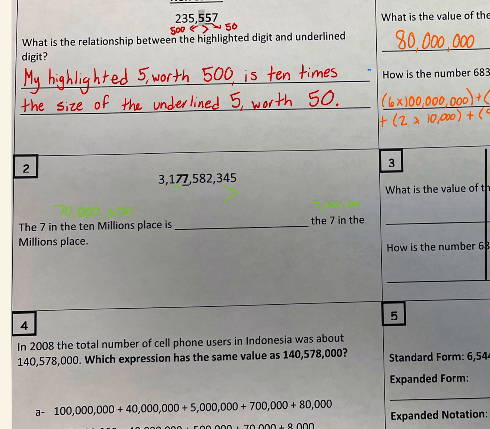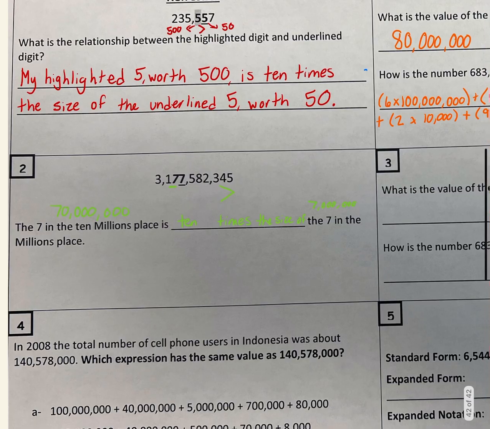So I think I'd be saying that it's 10 times the 7 in the millions place. So to finish this sentence, the 7 in the 10 millions place is 10 times the size of the 7 in the millions place. All right.